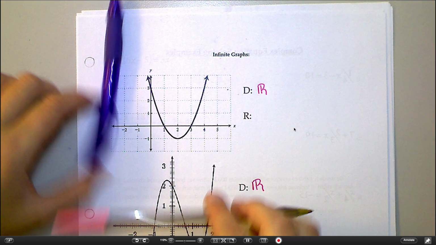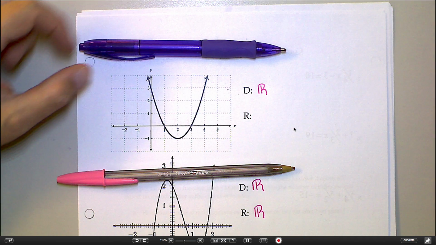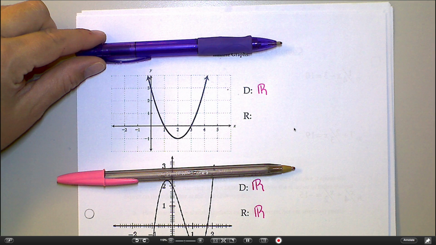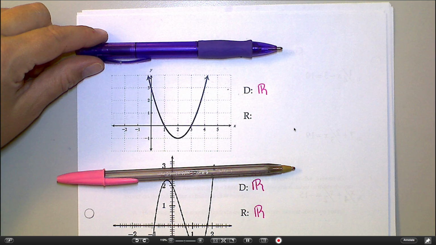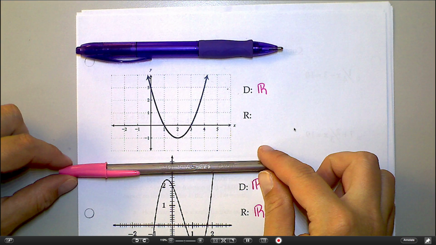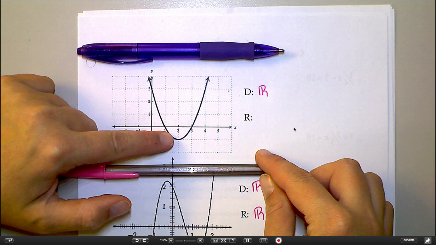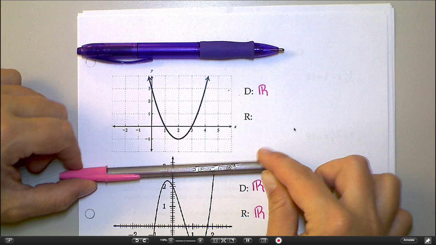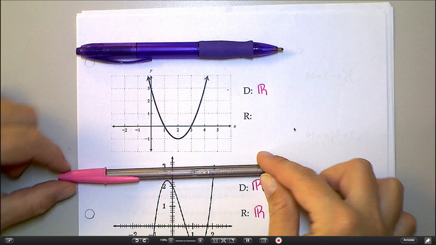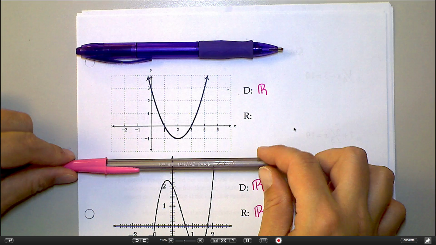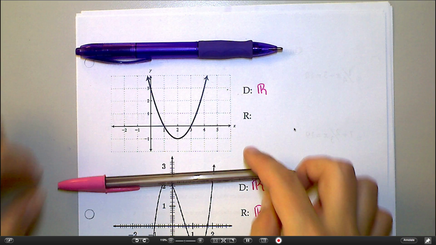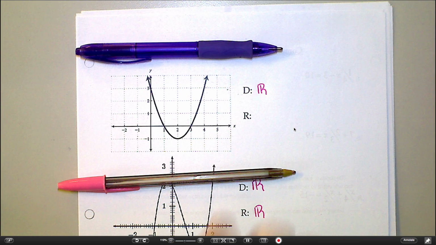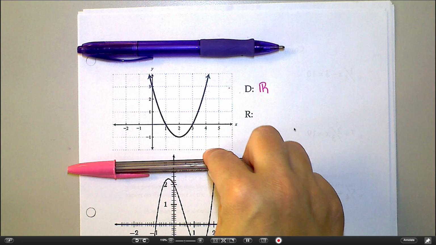And for range, I'm going to go up and down. Well, up above, my graph will eventually hit this purple pen. So up is no problem. But look down here. Do you see how this graph stops right here? So it's never going to hit this pink pen. So when you get a spot where the graph will not touch, you have to figure out how far in that direction it goes. What's the lowest point that this graph is going to hit?